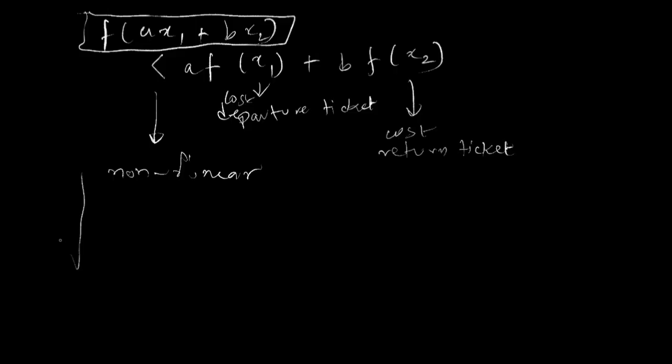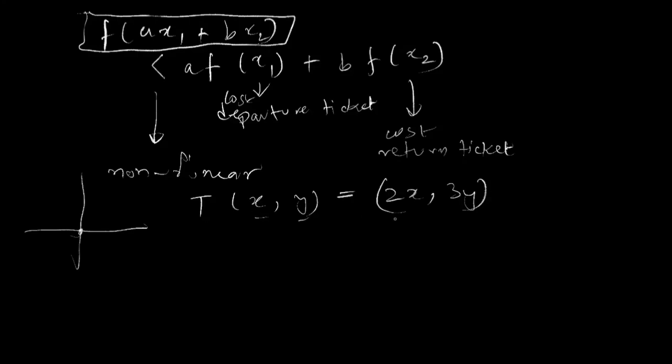Now, when we talk about linearity, there is a very important fundamental point when we look at it geometrically. It involves the origin. So for example, if we are talking about a linear function in x y, say 2x and 3y. Now this is linear because if you put 0 0 here, T(0,0) gives you 0 0.